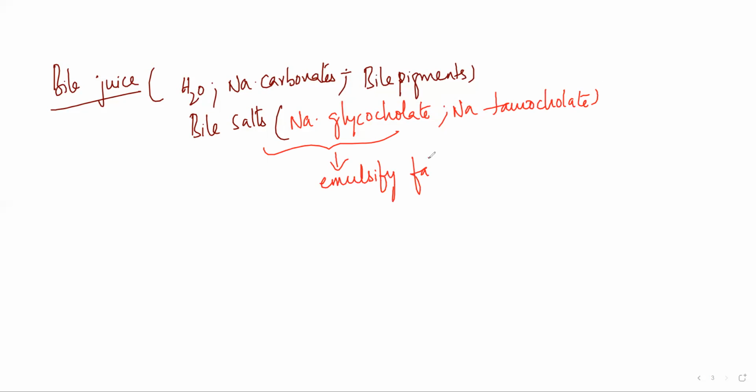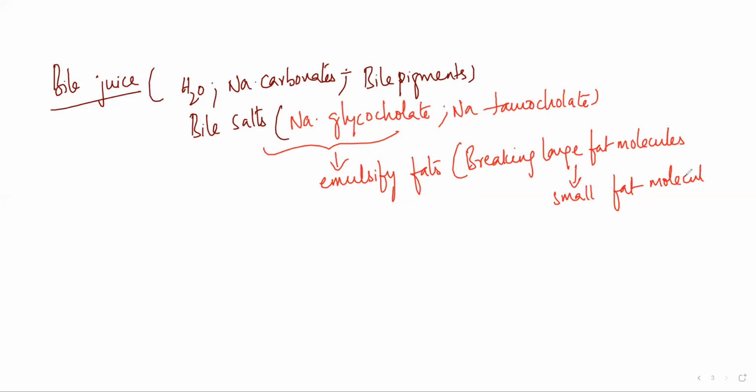What is emulsifying fats? It is nothing but breaking the large fat molecules into smaller particles, which is called emulsification. Remember, along with the bile salts, there are a few monoglycerides also. Even monoglycerides help the bile salts to perform this emulsification of fats here.